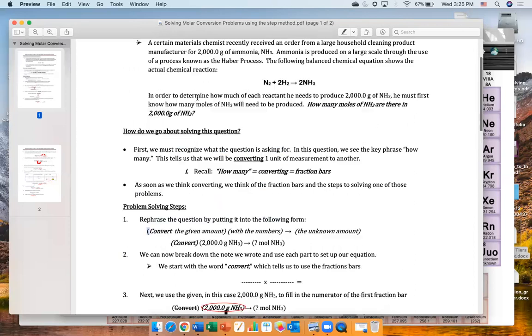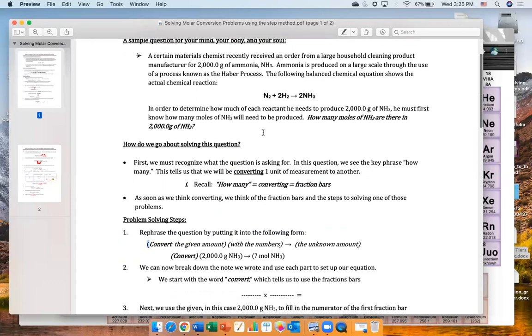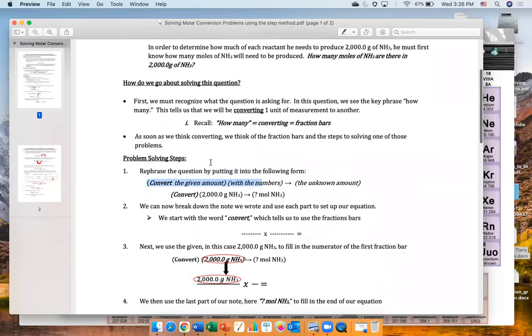I need to get rid of this question. I don't want to read this question and try to pick out what it's asking me and then risk getting confused. So I want to pull my information out of the question. In this case, I have to do it slightly differently. What I'm going to do is write it in this very form. I'm going to take whatever the question is and rephrase it using these same 3 parentheses.